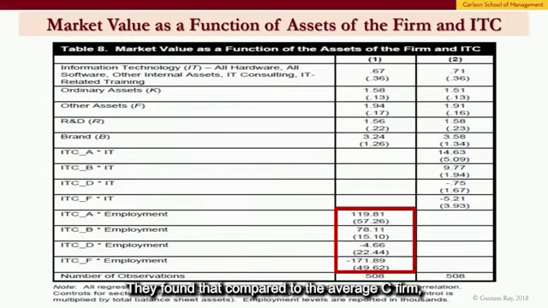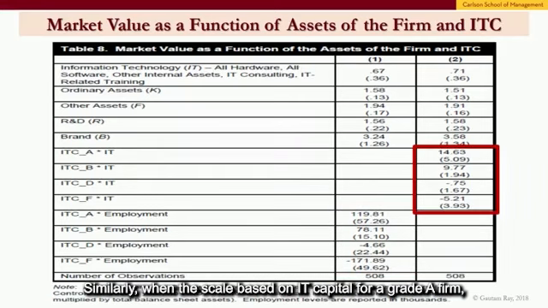They found that compared to the average grade C firm, for the A grade firm, each employee was associated with about $120,000 of higher intangible value, whereas for a grade F firm, each employee was associated with about $172,000 of less intangible value compared to the grade C firm.